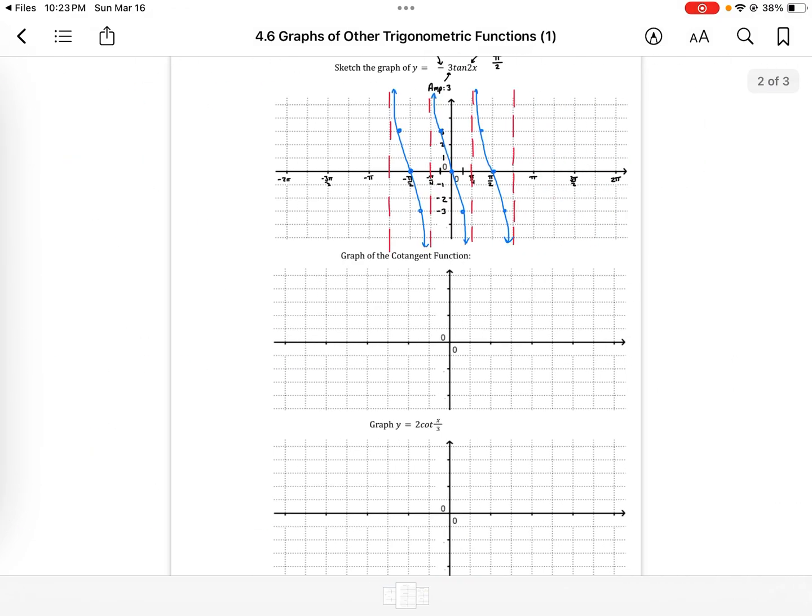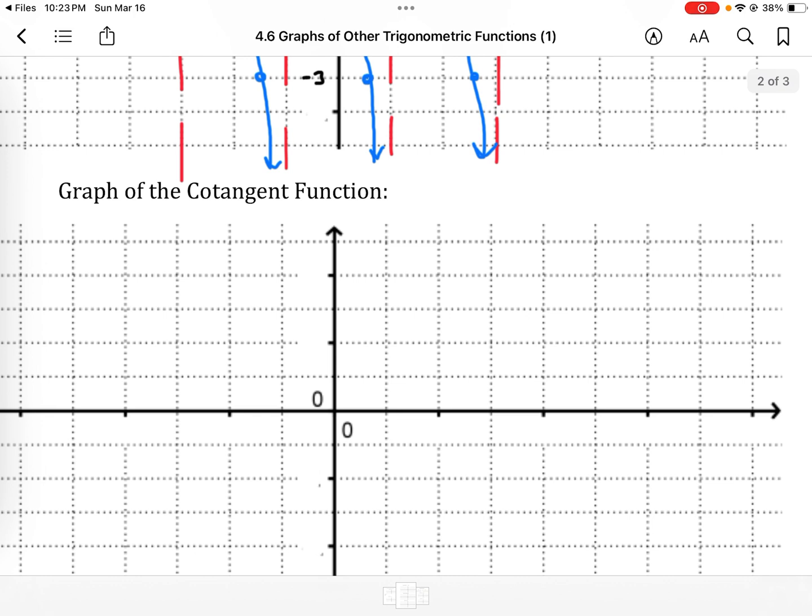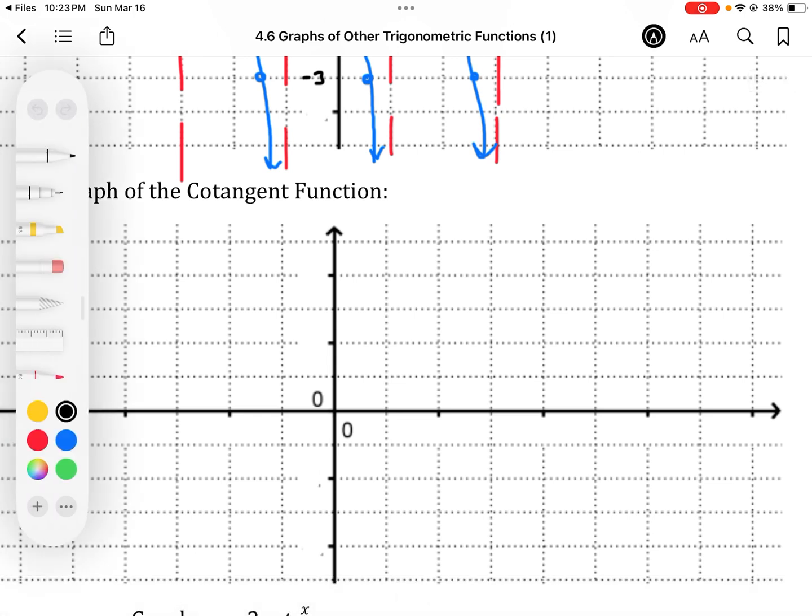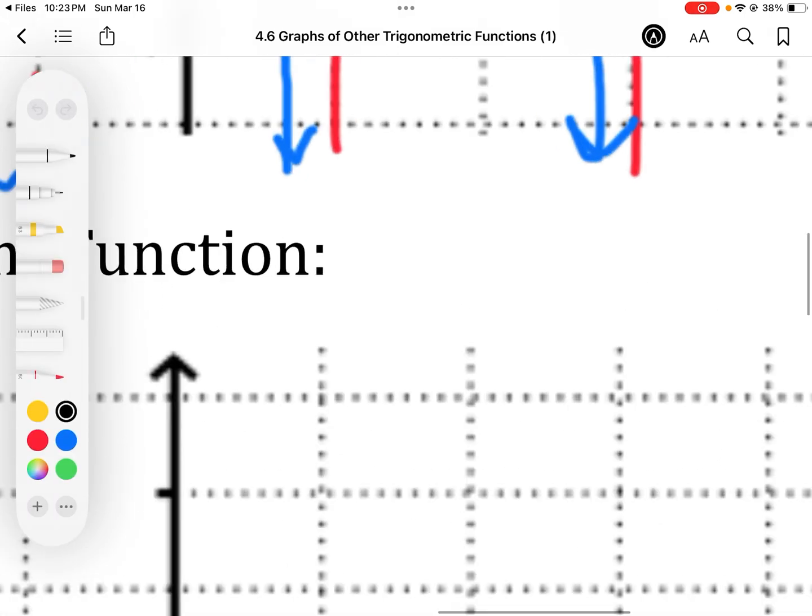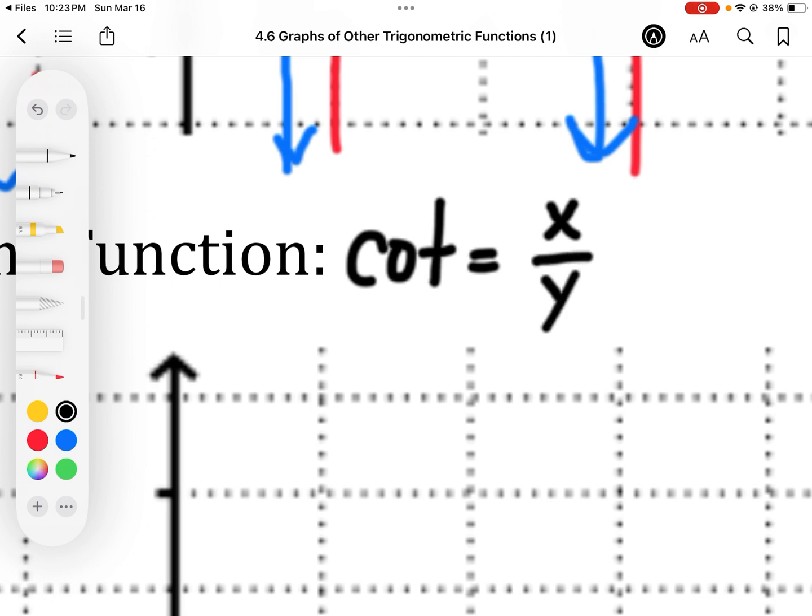So when we look at cotangent, you can look at your unit circle. Cotangent is equal to x over y this time.